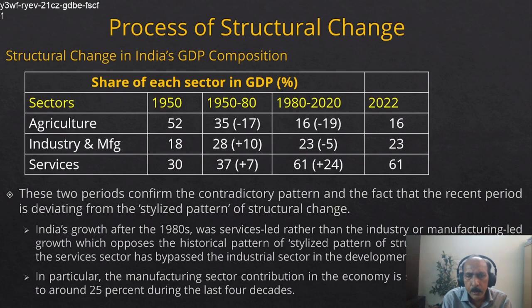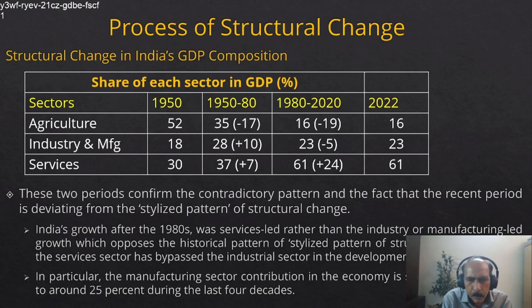But in the next 30 years, agriculture's share declined by 17 percentage points from 52 to 35, and industry and manufacturing share increased by 10 percentage points, and the services sector increased only by 7 percentage points. It means in the first 30 years of the development journey, industry and manufacturing grew faster, and their share increased by 10 percentage points vis-a-vis the 7 percentage point increase in the services sector.